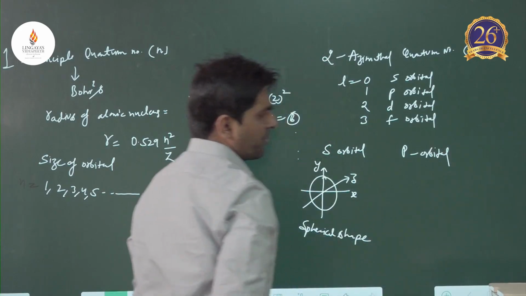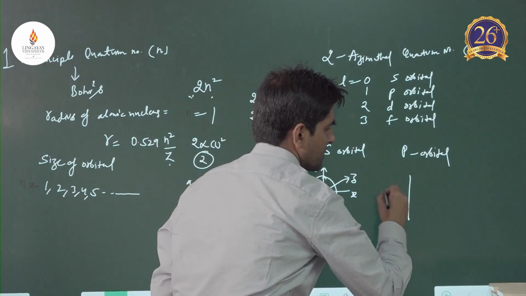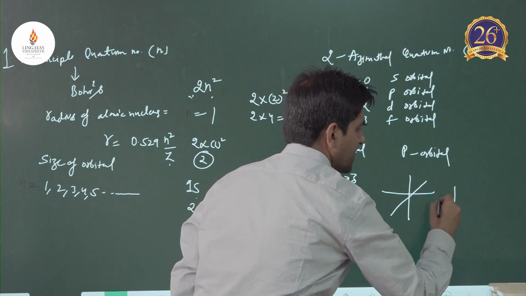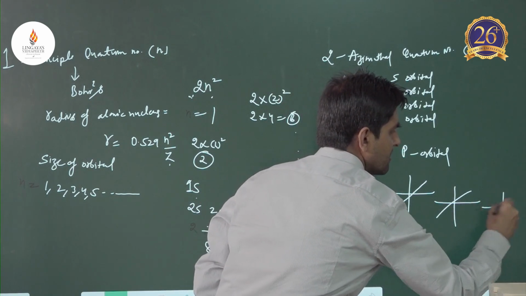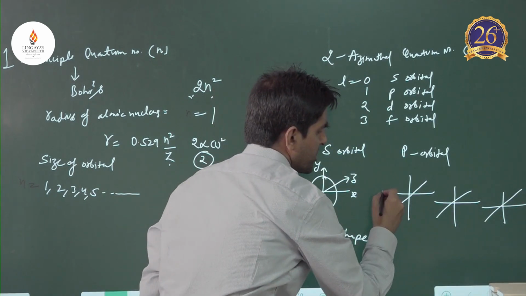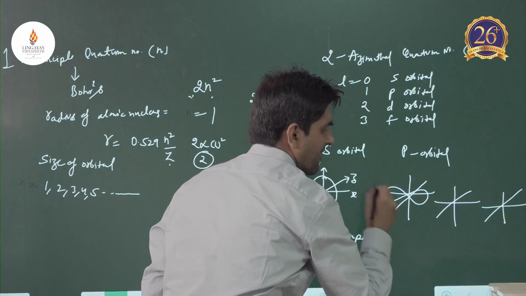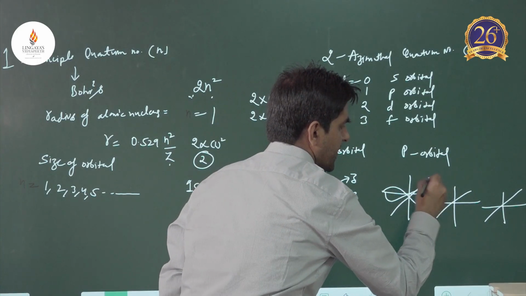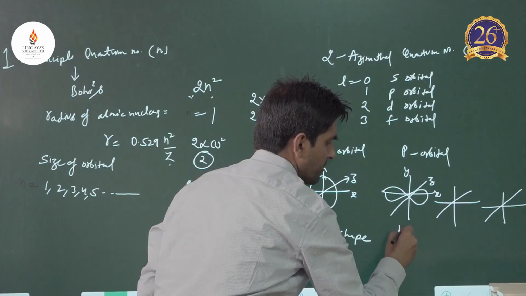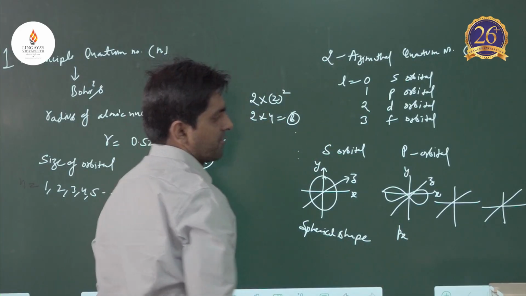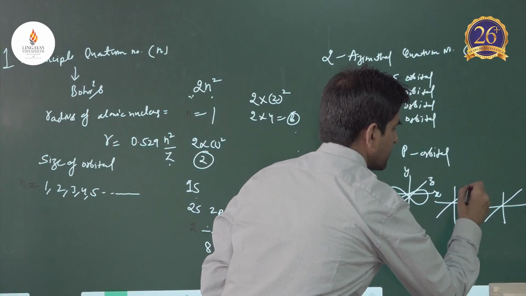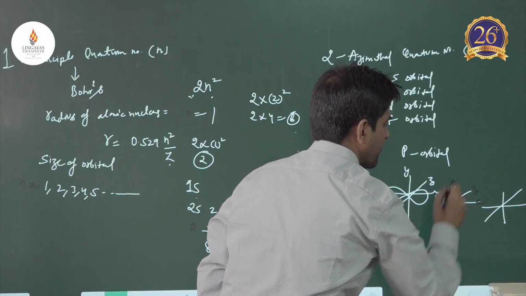So there are 3 p orbitals, px, py and pz. How will we draw? That is x, z and y. That is px orbital, dumbbell shape.